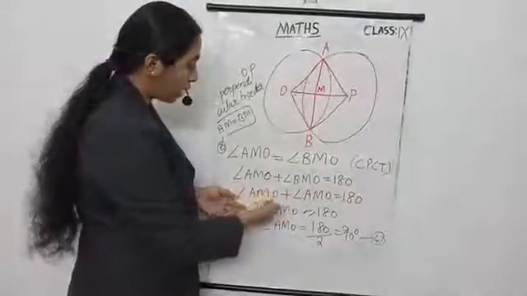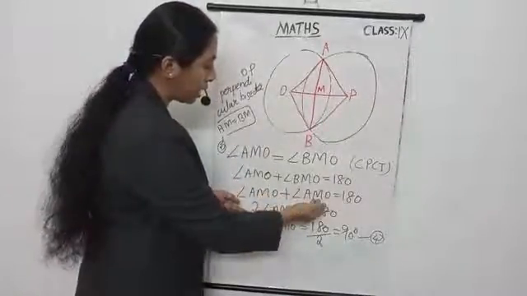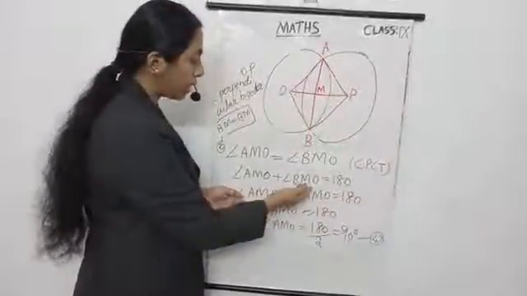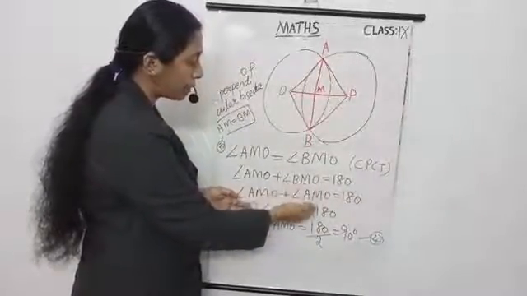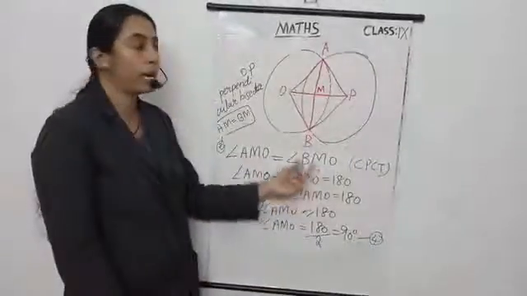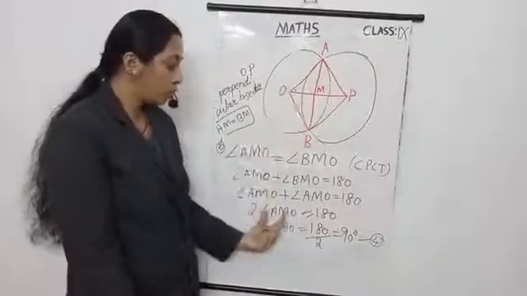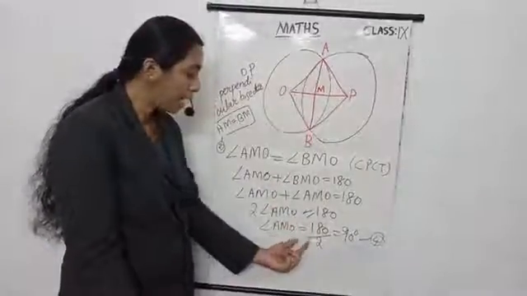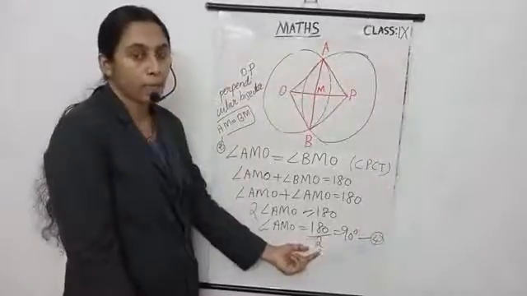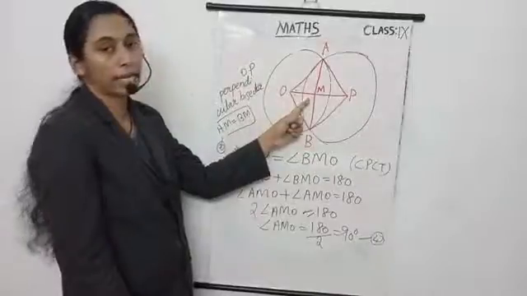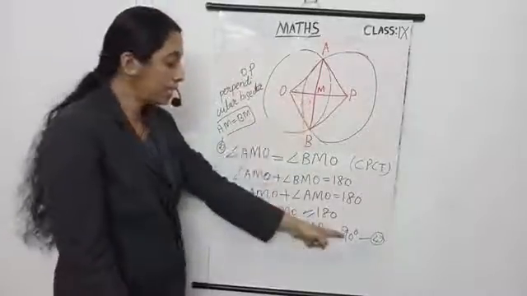So angle AMO plus angle BMO equals 180 degrees. Then replace angle BMO with angle AMO because they are equal. So 2 angle AMO equals 180, and angle AMO equals 180 by 2, which is 90 degrees. That means these two angles measure 90 degrees.